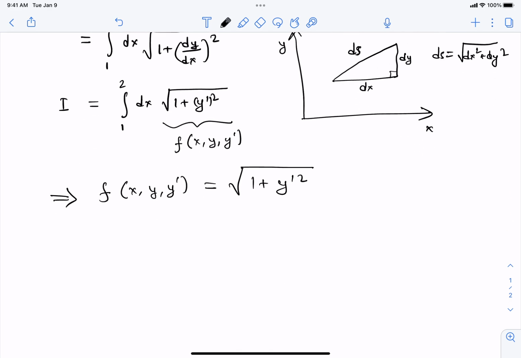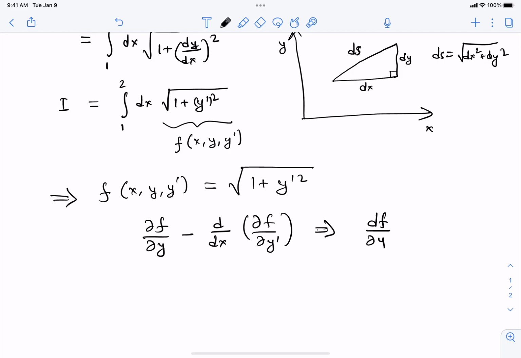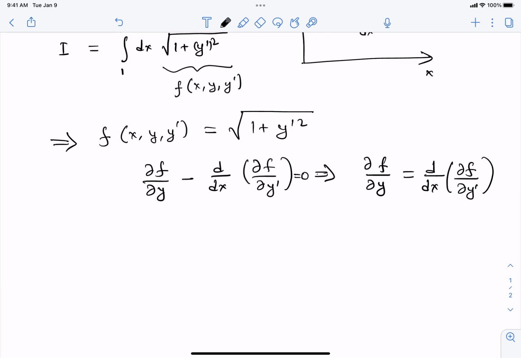The Euler Lagrange equation is del f by del y minus d by dx of del f by del y prime. Let me be clear: del f by del y equals d by dx of del f by del y prime. It's the same thing. I've just taken the negative term to the right hand side to write it as an equal sign.